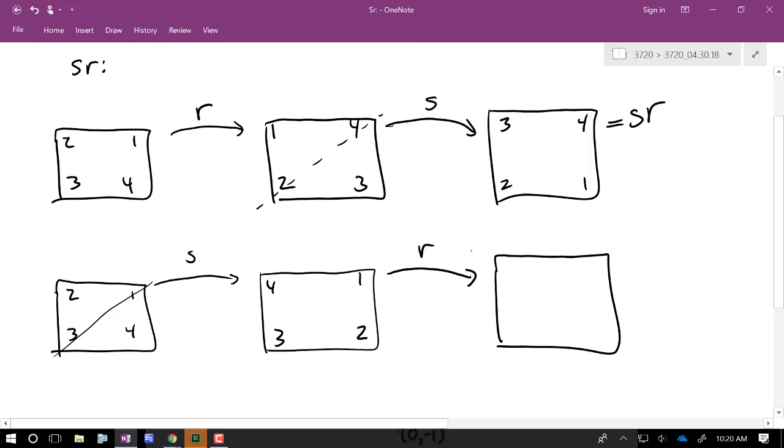And so that leaves us with 1, 4, 3, 2. So this is RS. Yeah, that looks right.